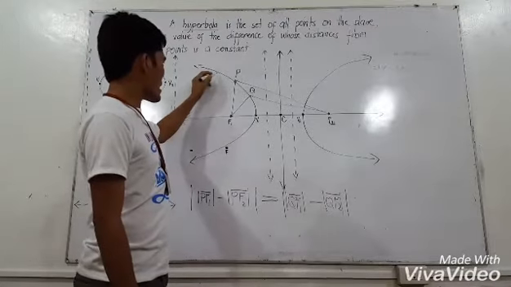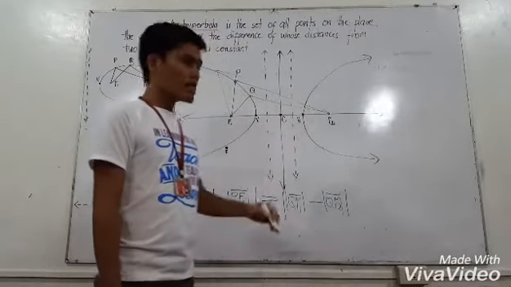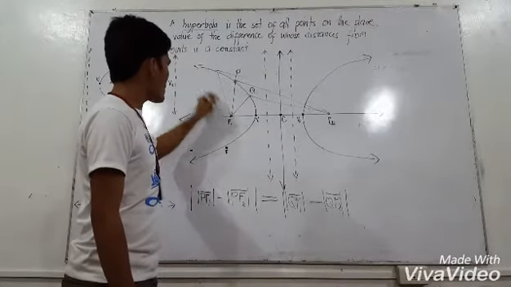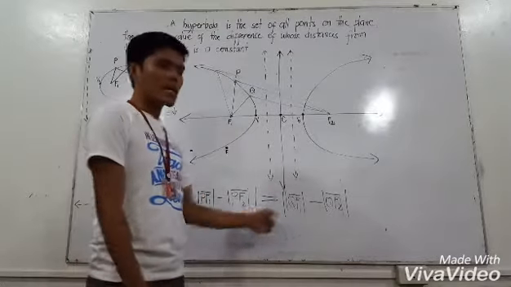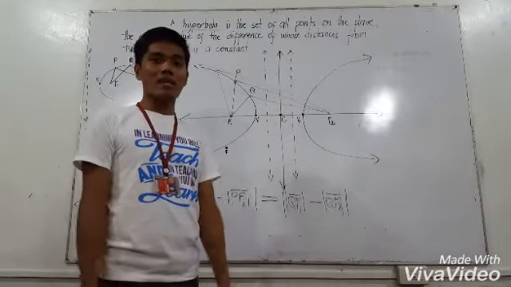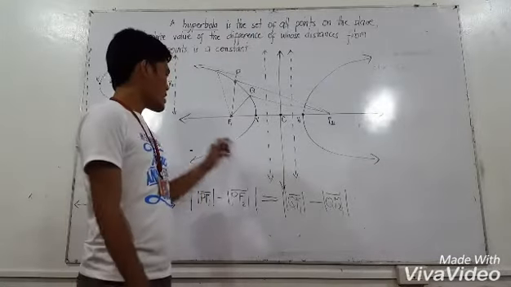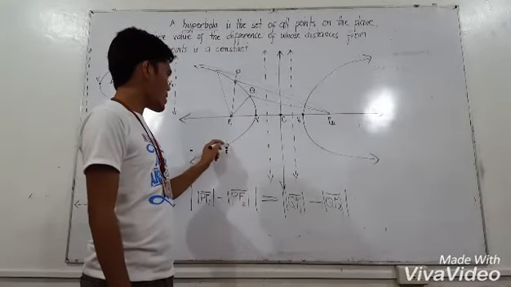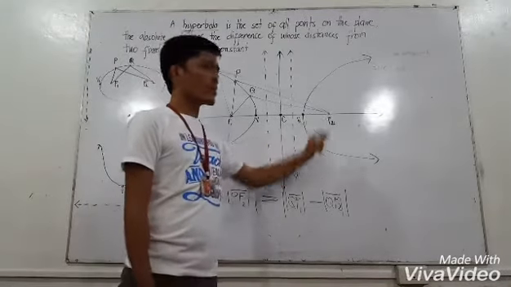So, the distance to F1 minus the distance to F2 for one point will be the same as that for the other point. Again, just take the absolute value so that we are assured that they are all positive. So that's the definition of the hyperbola. For any point of the hyperbola, the distance to F1 minus the distance to F2.